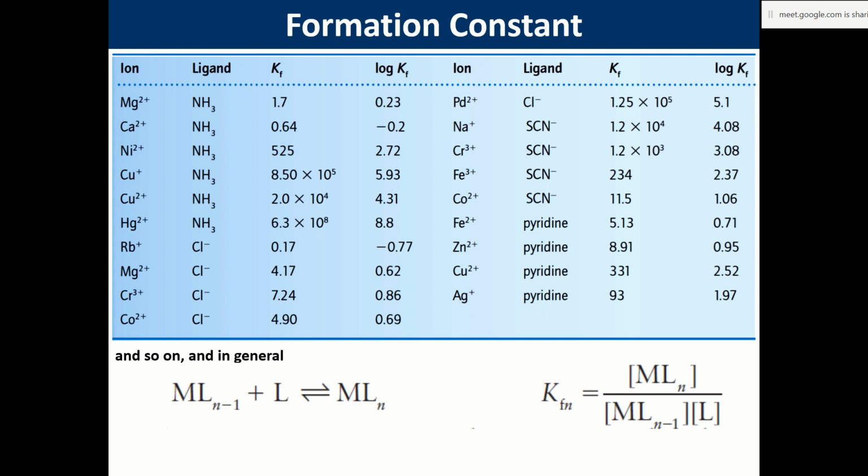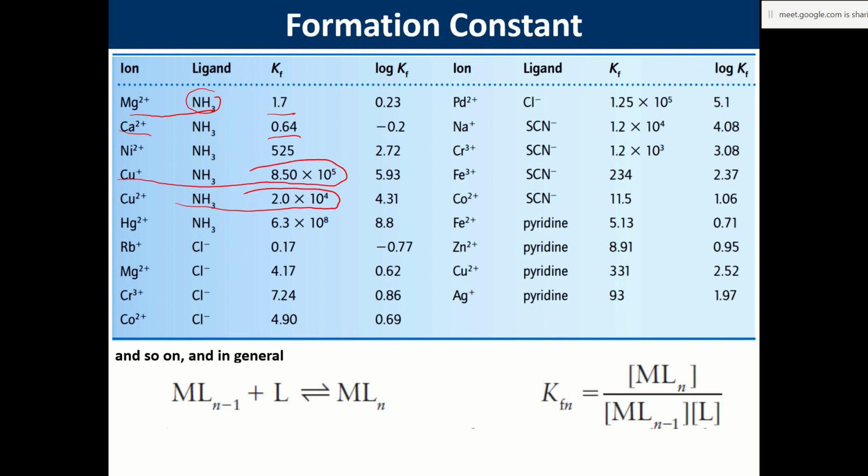Kf, the formation constant, can have a wide range. So we can see here with ammonia, magnesium is 1.7, a very small value of Kf, calcium very small. But if you look at the copper amine complex, Cu2+ is 2 into 10 to the power minus 4, Cu+ is 10 to the power 5.